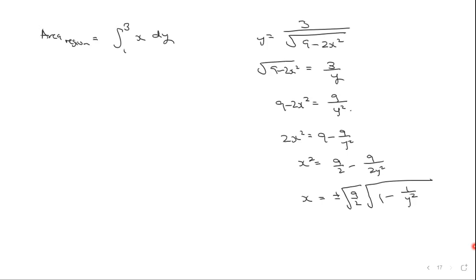Clearly, that's much more difficult to integrate in comparison, because of the square root of 1 minus 1 over y squared. So we won't do that, but theoretically, if you integrate this you should get the same answer.